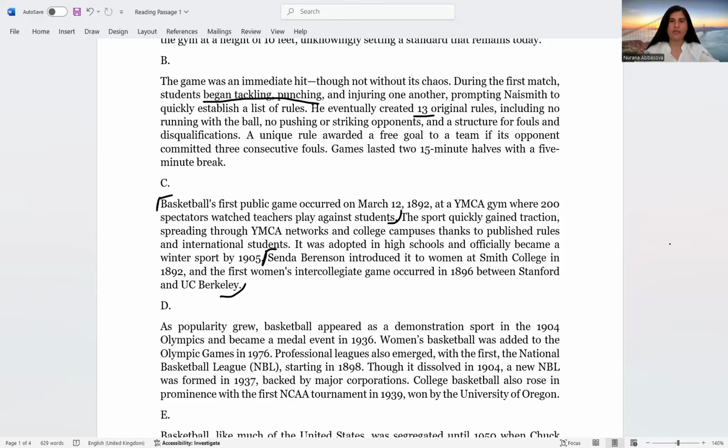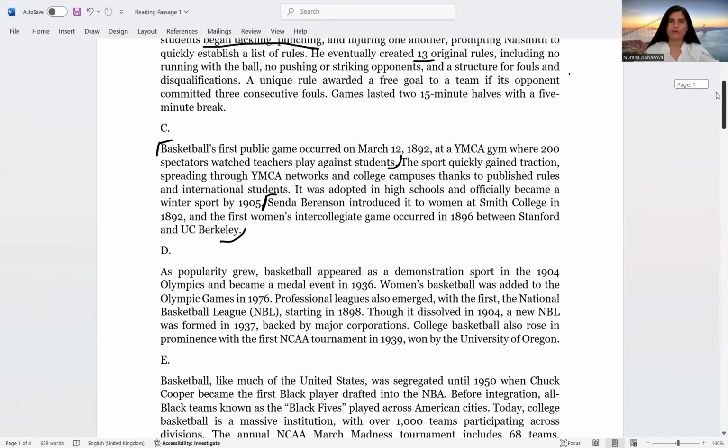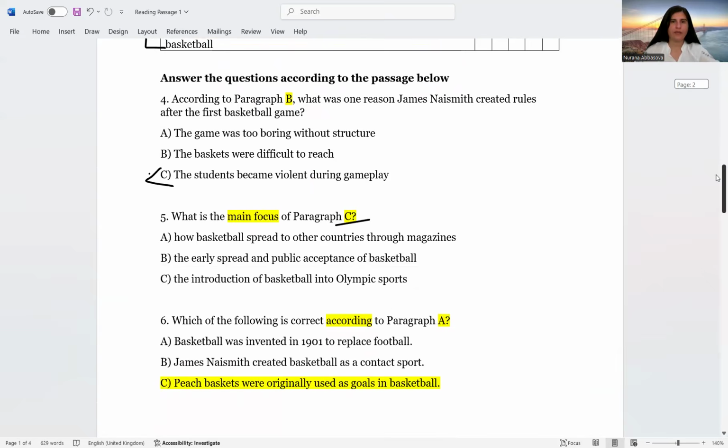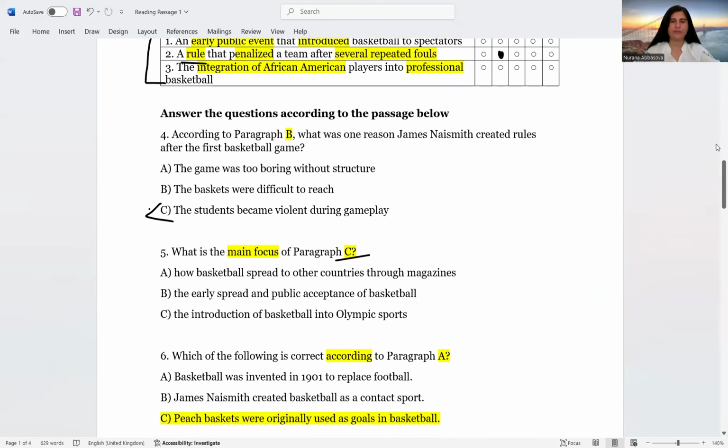It was adopted in high schools and officially became a winter sport by 1905. Senda Berenson introduced it to women at Smith College in 1892, and the first women's inter-college game occurred in 1896 between Stanford and U.C. Berkeley. So, now the main idea first, please.